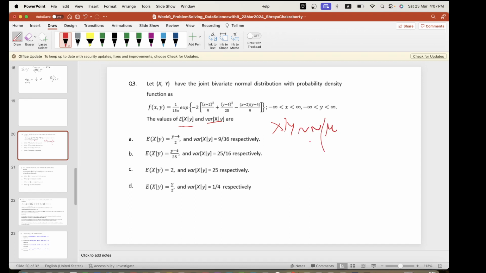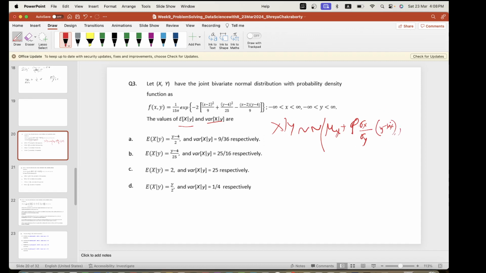That is mu x plus rho into sigma x by sigma y and then we have y minus mu y.